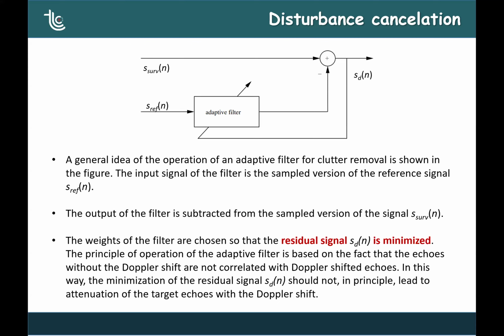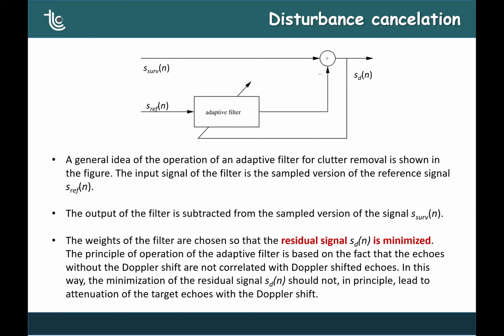What does it mean? It means that if we minimize the residual signal, we leave in the residual signal only, or almost only, the components with a Doppler frequency that is non-zero, because the reference signal is at zero Doppler frequency.